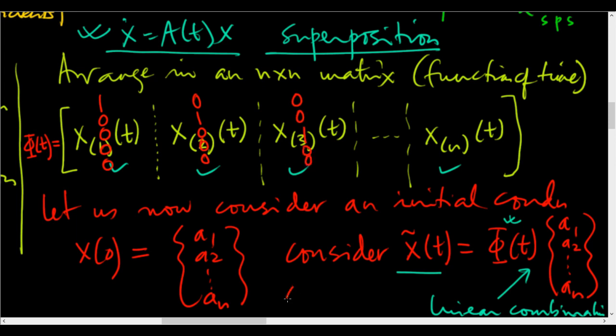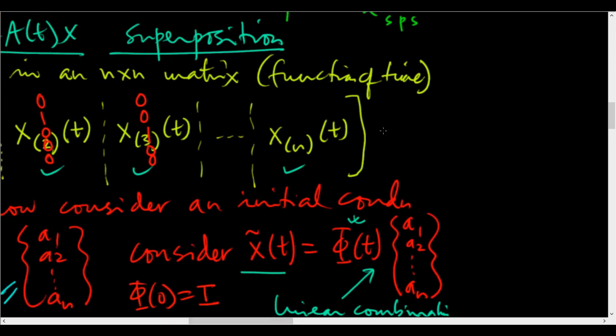This means phi of 0 is actually the identity matrix, and therefore the initial condition is A. If I call this vector A, and if I write that x tilde is equal to phi of t times A, then this is a solution, and x tilde of 0 equals A. So that's the solution for arbitrary initial conditions.